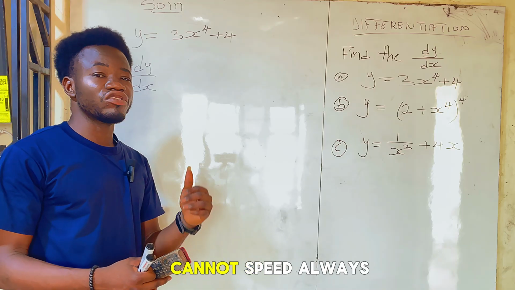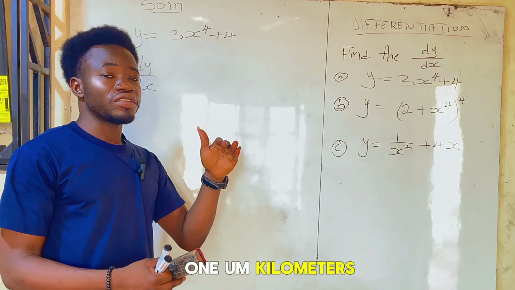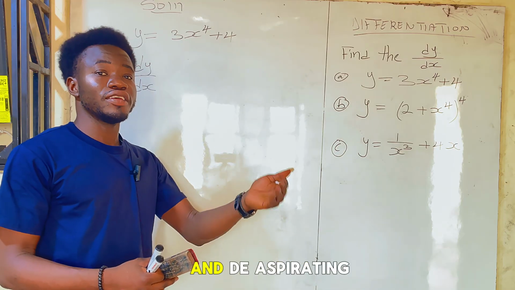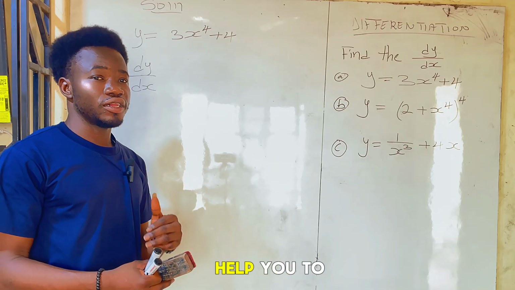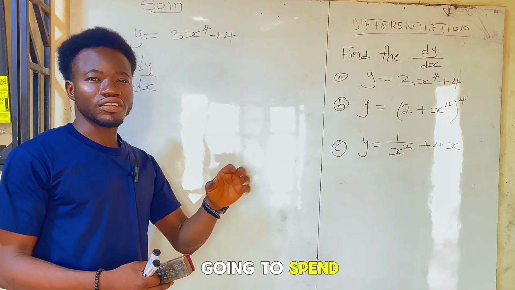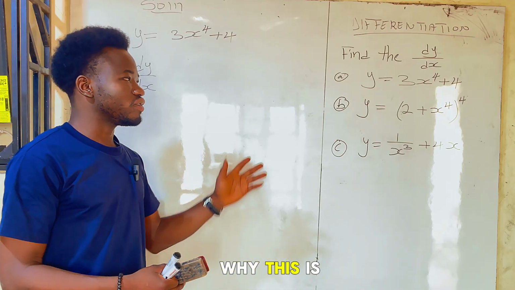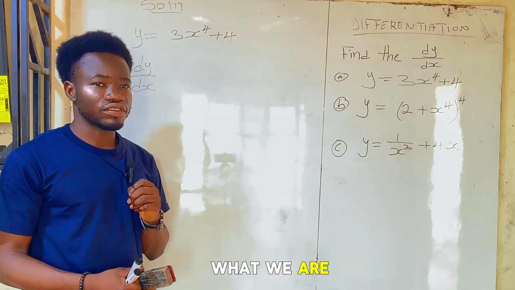So the car cannot always speed at that particular capacity, so it will be accelerating and decelerating at a point in time. And it is only calculus that can help to calculate the approximate hours you are going to spend to reach your destination. That is why this is very, very important. So without wasting time, let's continue with what we are solving.